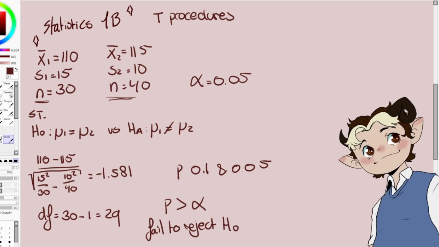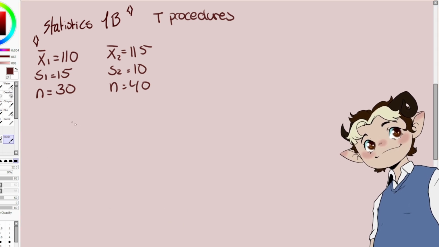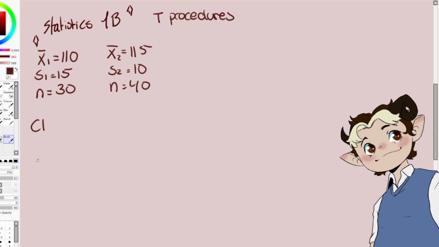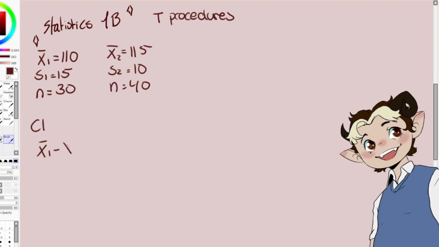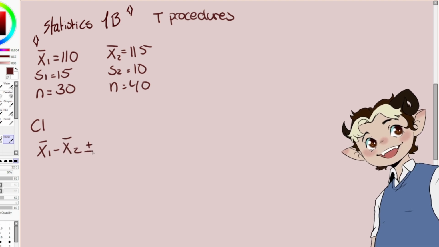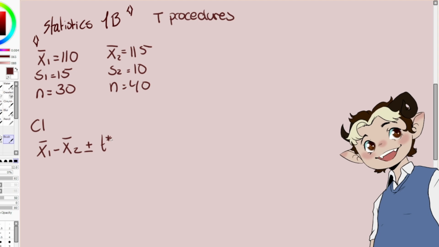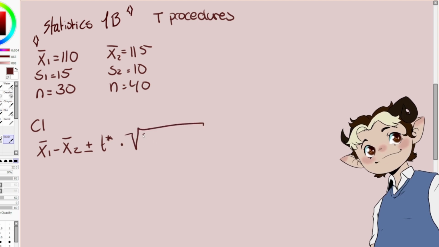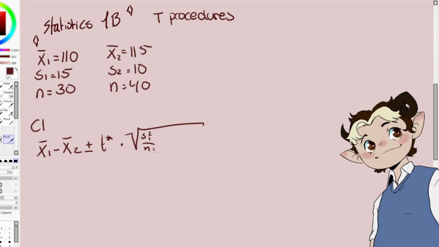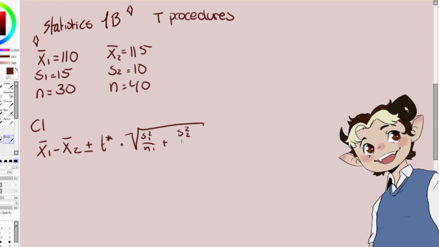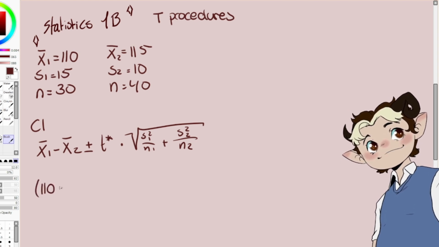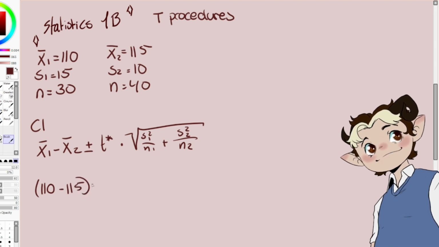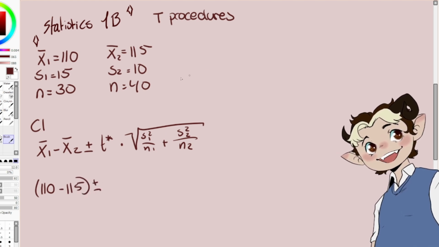And that's it. So now let's look at the confidence interval. For this one, we have x1 minus x2 plus minus t times the square root of s1 squared over n1 plus s2 squared divided by n2. Let's calculate that. So that is 110 minus 115 plus minus. How do we get that t?